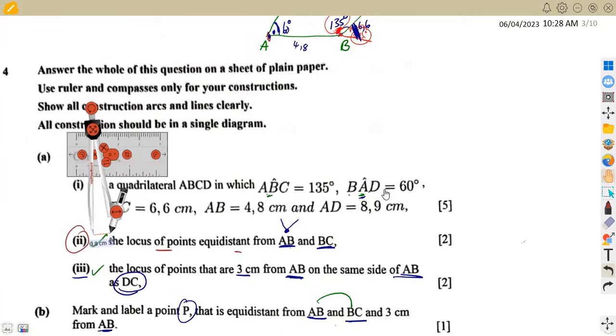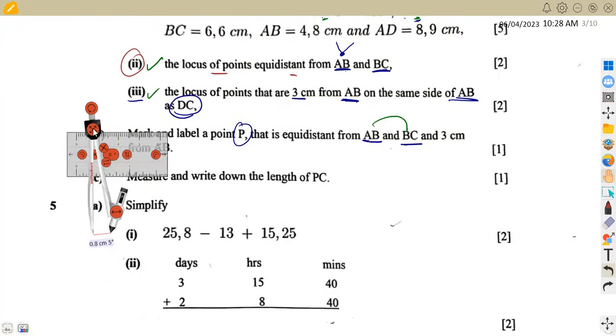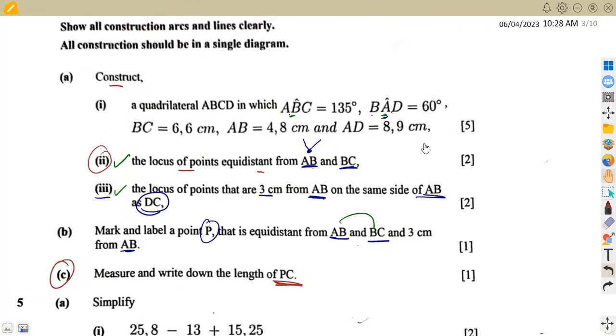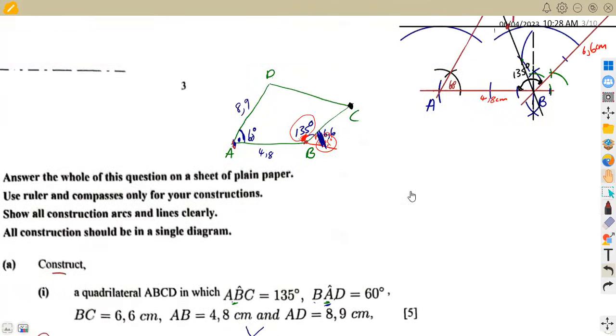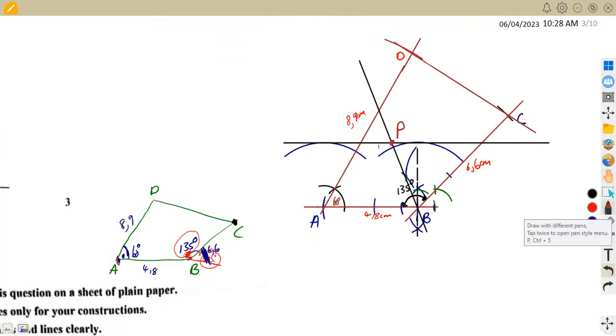All right. I think this one was also direct. These questions, we talked about them in our revisions. That is the advantage. Then the other part that we're given, item C, measure and write down the length of PC. So we now have the point P here, and what you're going to do is simply place your ruler from P to C. You can measure that length.